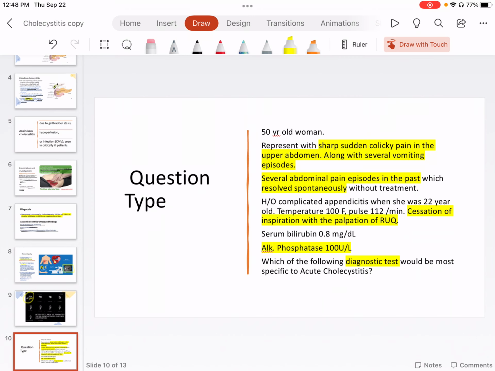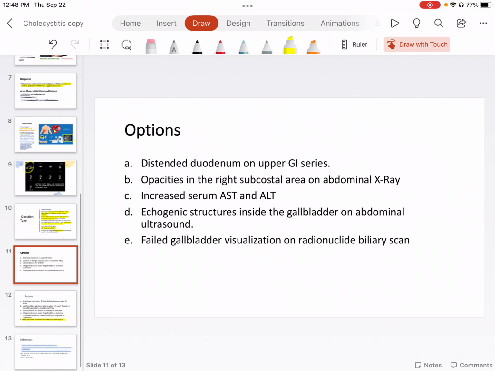Serum bilirubin is 0.8 mg per deciliter. Alkaline phosphatase is 100 units per liter. Which of the following diagnostic tests would be the most specific to acute cholecystitis? So what are the options? Distended duodenum on upper GI series.